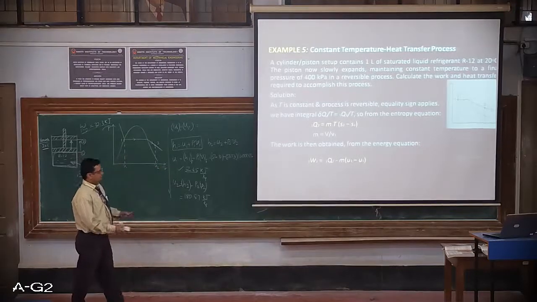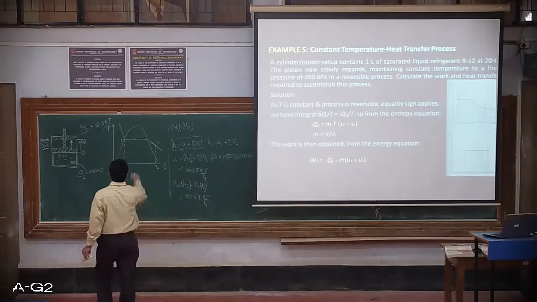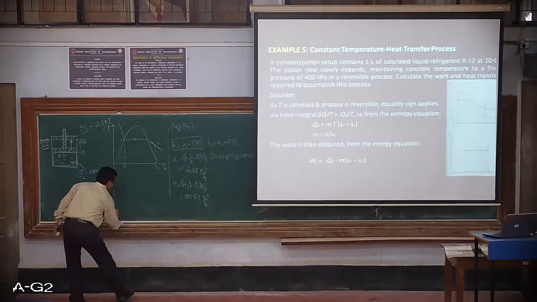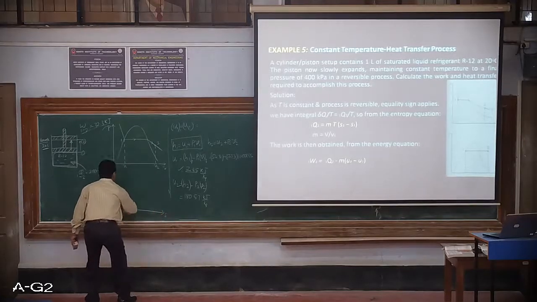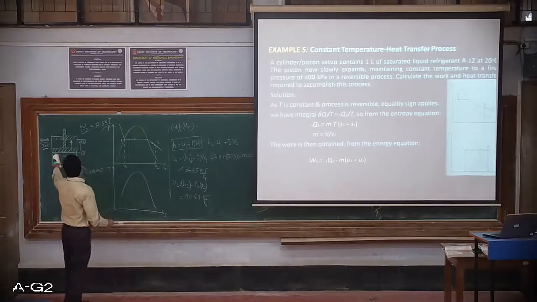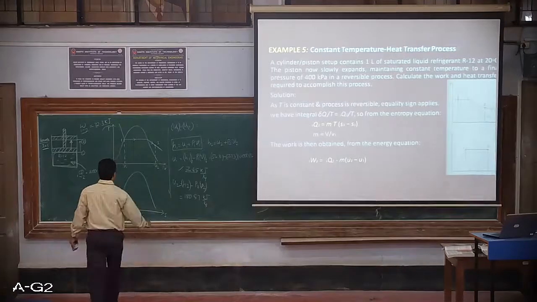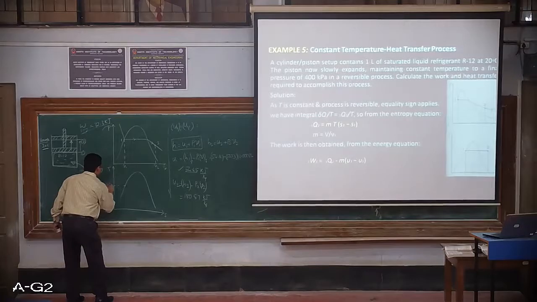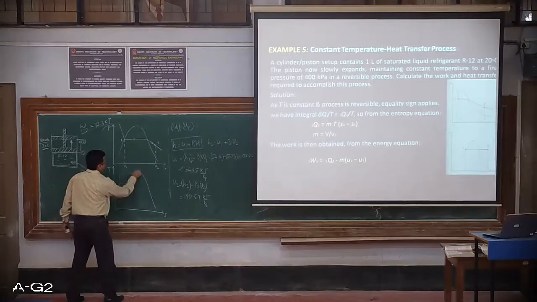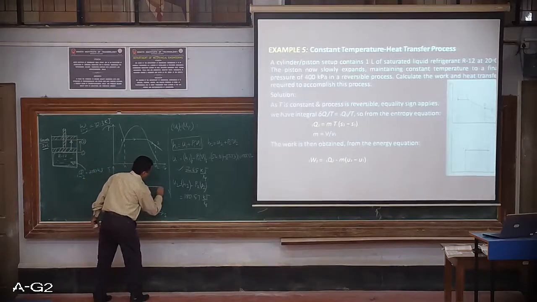The same thing can be shown on the TS diagram. Here is the saturation dome. Now on the TS diagram, what is important to note is that this is at constant temperature. So at constant temperature, I will write a value which is for 20 degrees Celsius. On T, I randomly take a point on the saturation dome, and I complete the process. So point 2 would be somewhere here.